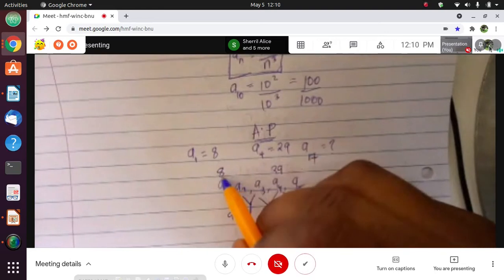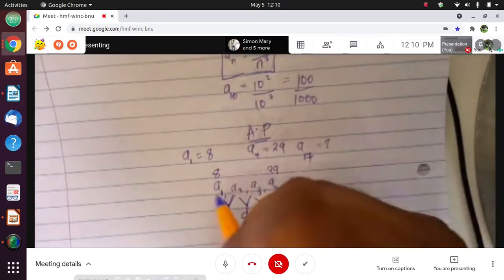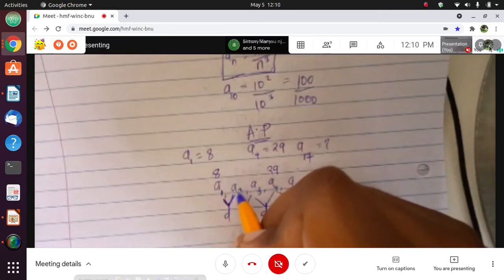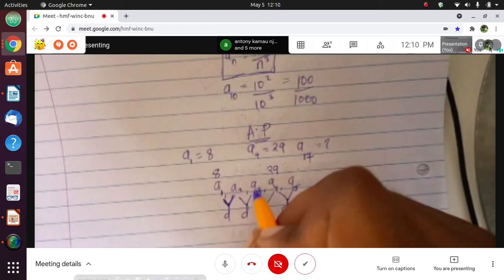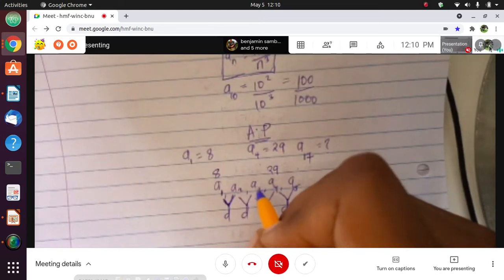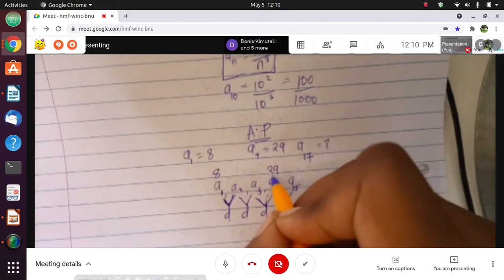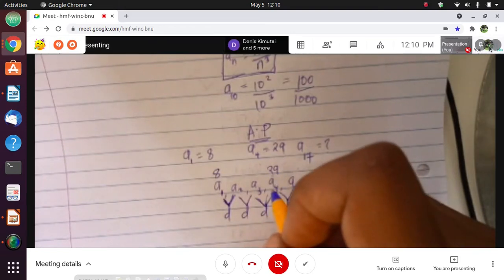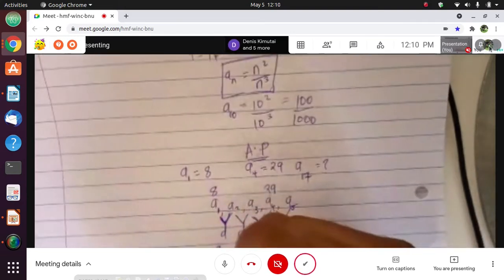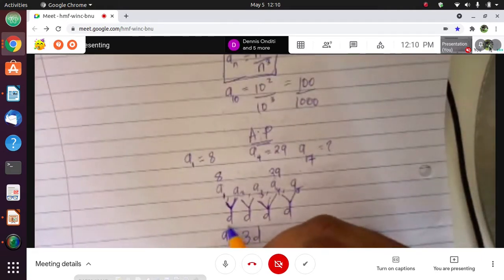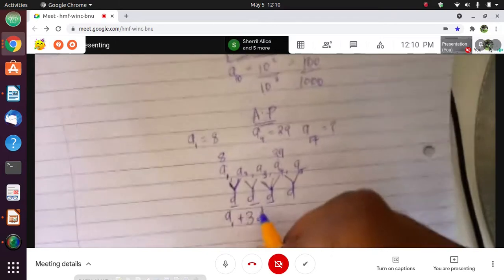So for us to get from 8 to 29, we have added a common difference to A1 to get A2. We have taken A2, we have added a common difference to get A3, and we have taken A3, we have added a common difference to get A4, and that A4 is 29. So for us to get from A1 to A4, we have added 3 common differences, the first one, the second one, and the third one.